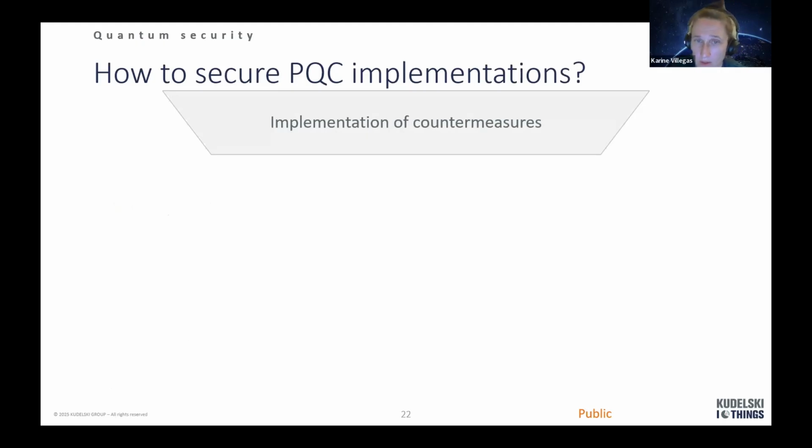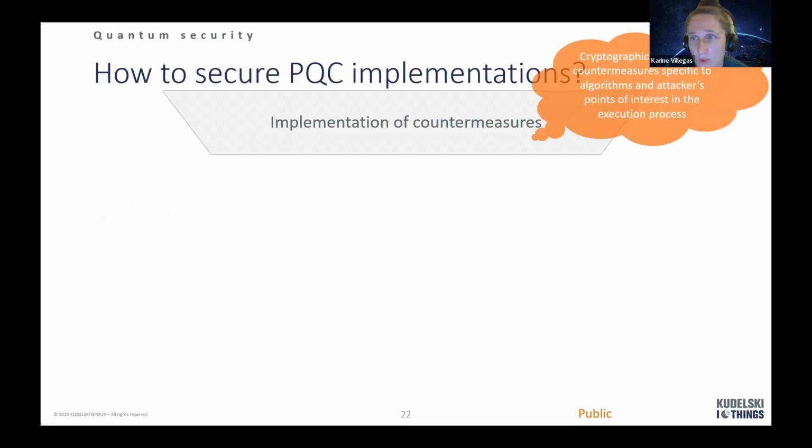And that brings me to the steps that will explain how we see the securization. First of all, we should consider the implementation of countermeasures at the level of the algorithm itself. But for that, it is important to understand very well the low-level functions that are used and needed to implement the algorithm, and to identify where the attackers will find points of interest in the execution process.